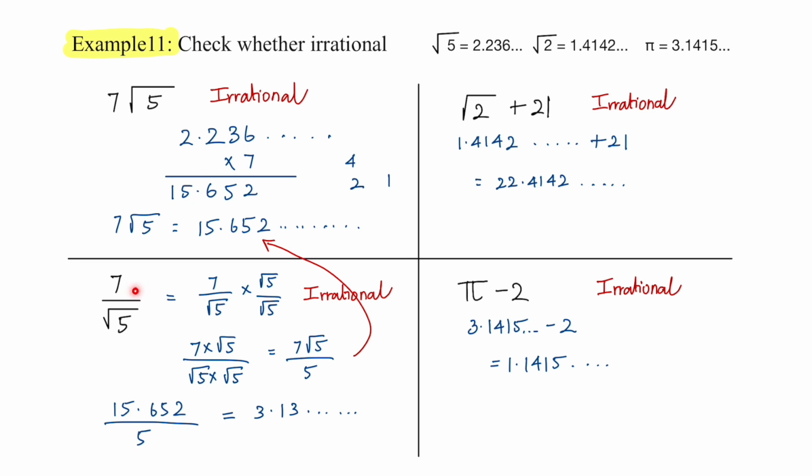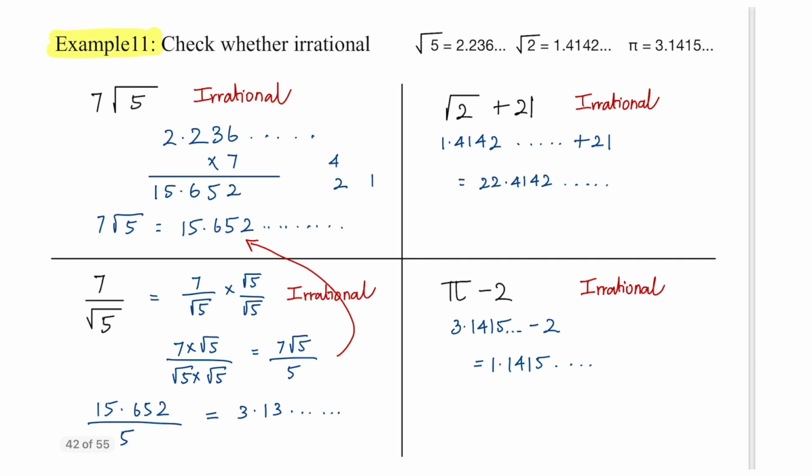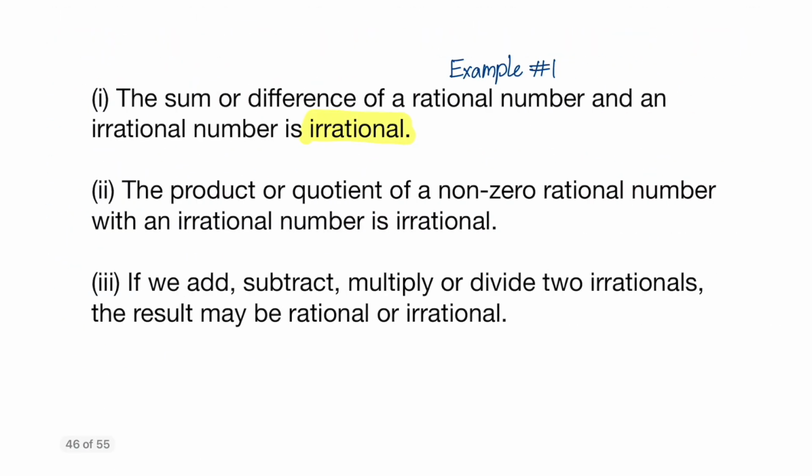And also 7 is rational here, root 5 is irrational here, so their quotient, by quotient they mean division, so 7 divided by root 5 is also irrational. So this is the second observation that we have made. Okay, so this is also irrational, and this also is from example 2 as well.